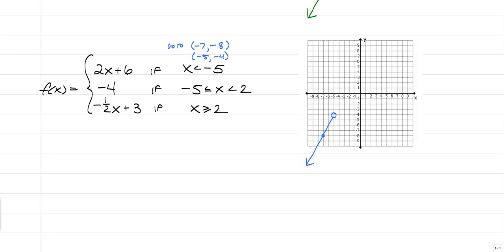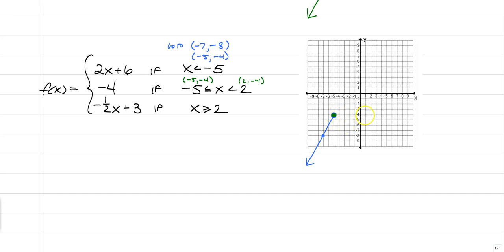The 2 in the middle. Here's our start, -5, -4, and our stop, 2, -4. So we're going to start at -5 and include it, -4, which is right on top of this one, so that guy gets colored in.